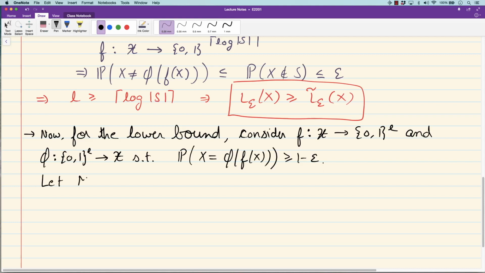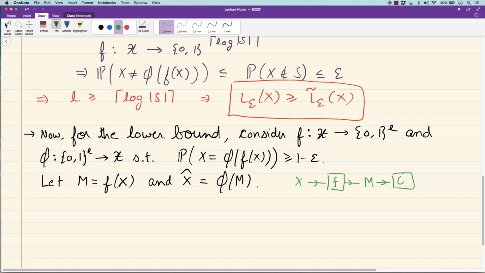And let m be the message that you store, f of x, and x hat be the estimate that you decode, phi of m. So just draw a quick picture here. You have x, use this mapping f, you obtain m, use this mapping phi, you obtain x hat. All right.